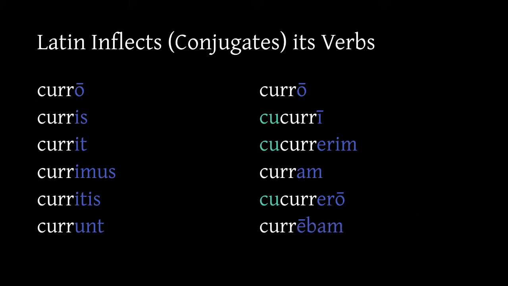So, as you can see, the only thing that changes is that in the perfect forms, there is a slight difference in the stem. So, as you can see, no extra words, just the verb, and that is inflection. That is specifically to verbs, it is conjugation.